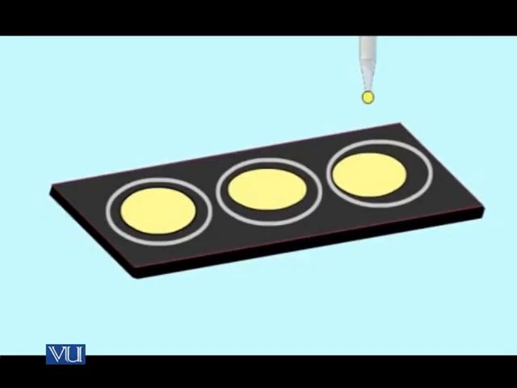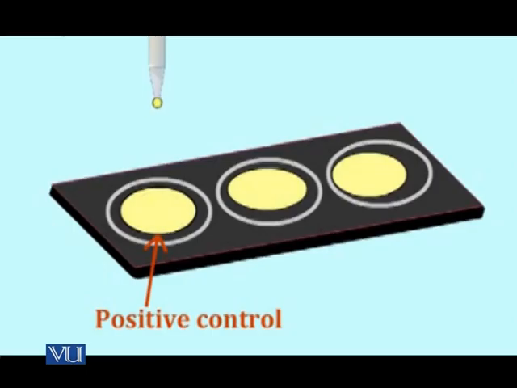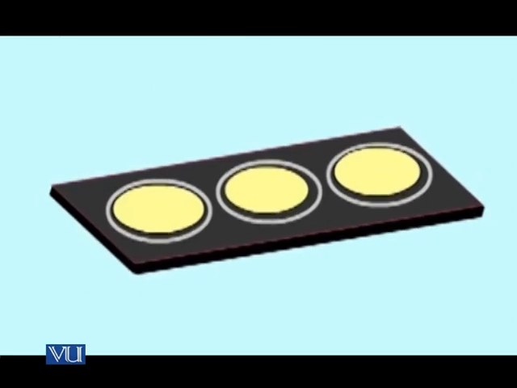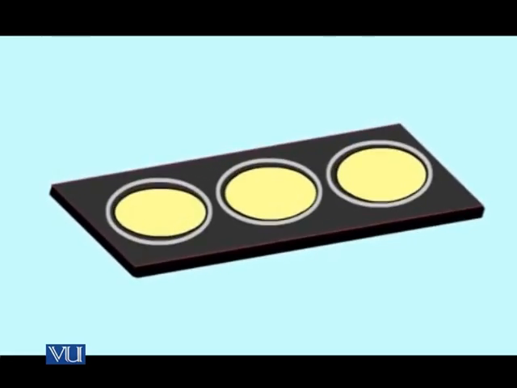Now you add a few drops of the unknown sample that you're interested in testing, but you will also need to use one circled area for a negative control solution that contains no antigen, and another for a positive control solution that contains the antigen of interest. Next, the slide is gently rocked or swirled to mix the beads with the test solutions, and the samples containing the antigen of interest will begin to agglutinate the beads.